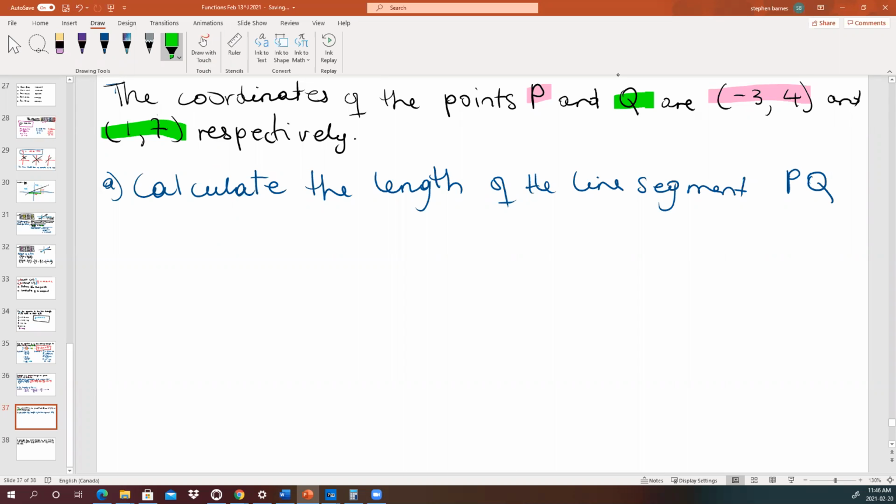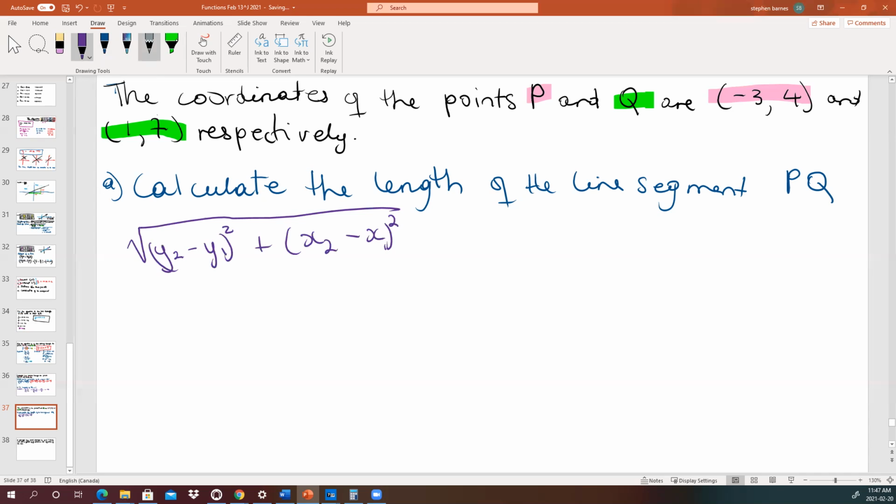So it's to calculate the length of the line segment PQ. All right. The formula for the length of the line segment would be the root of y2 minus y1 squared plus x2 minus x1 squared. Remember this.